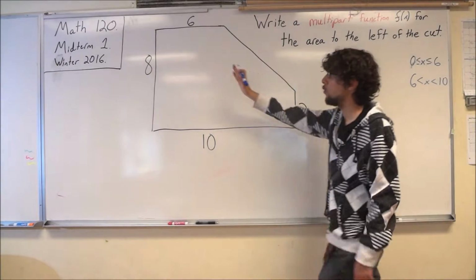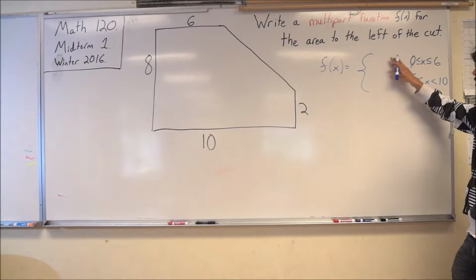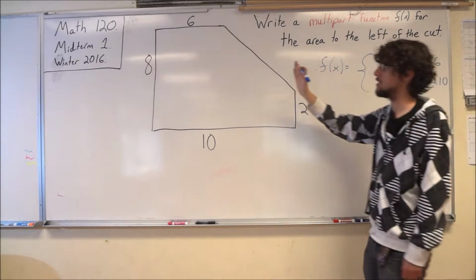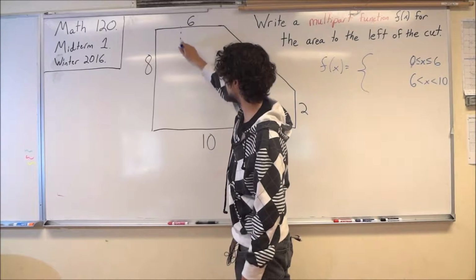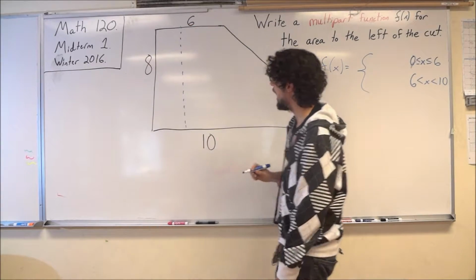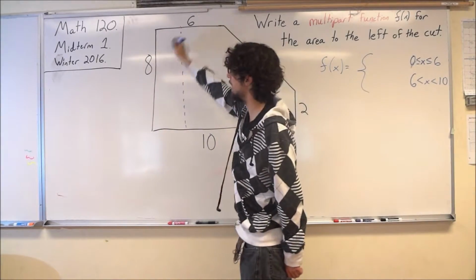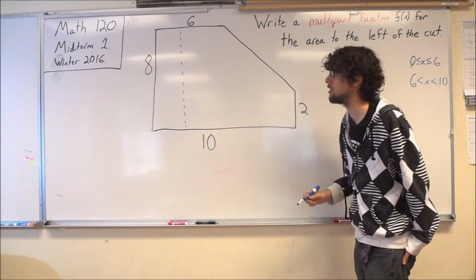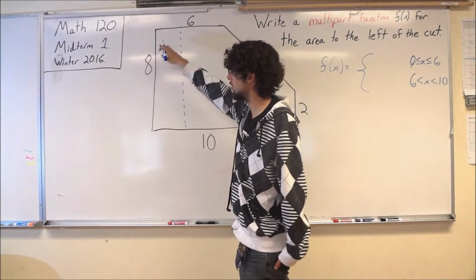If we start with a cut that is to the left of here, so we're looking at something like this, and exactly how far over is this cut? What I'm trying to do is express the area of this rectangle to the left here. The height of the rectangle is 8.